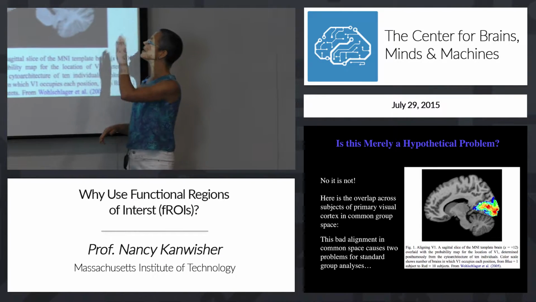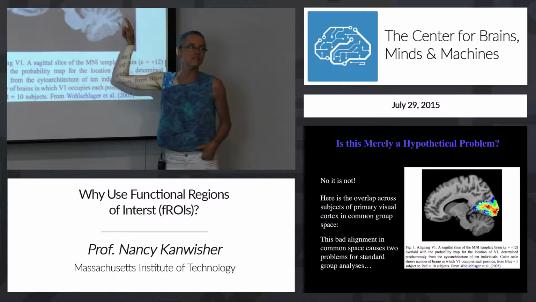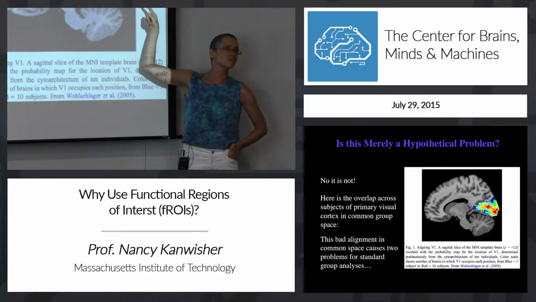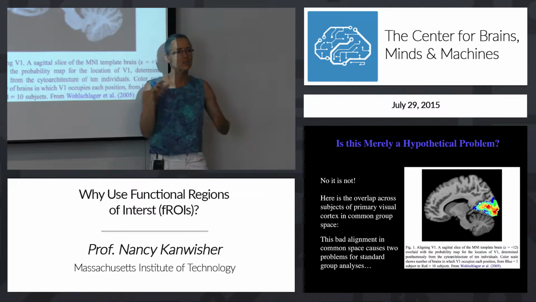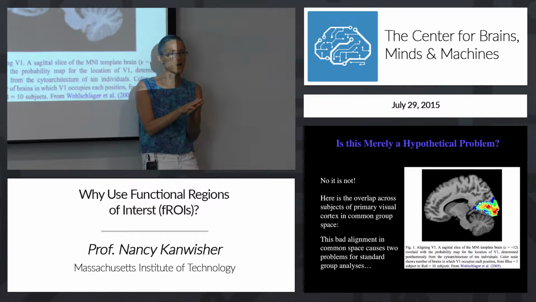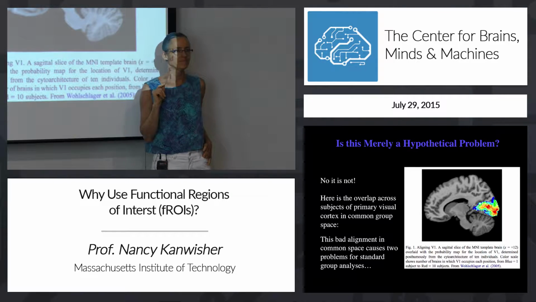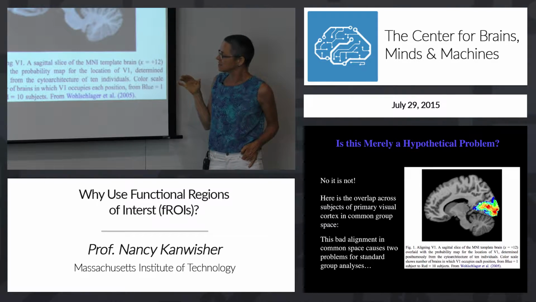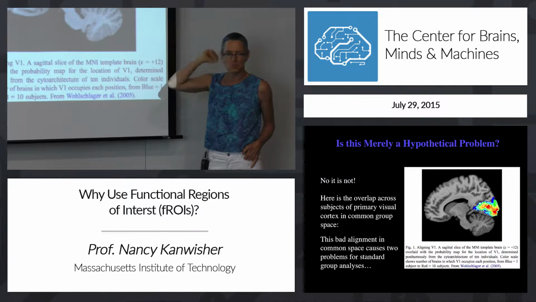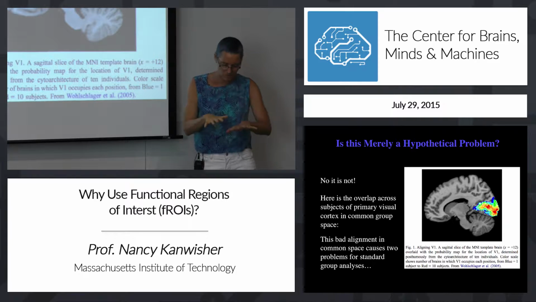This is a slice through the brain like this. This is the back of the head, occipital lobe. This color code shows the percent of subjects that overlap in V1, in primary visual cortex, in a common Talairach coordinate system. Okay, and the color code shows that this is 10 subjects. This is based on post-mortem analysis of the actual structure of the brains.